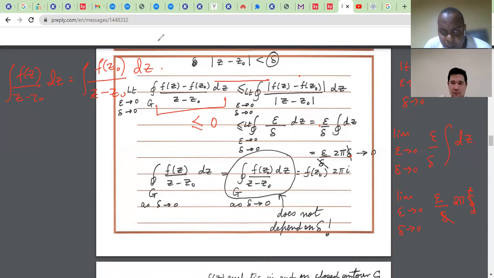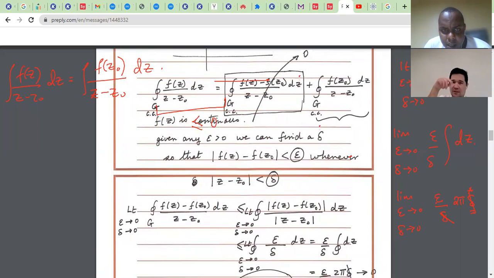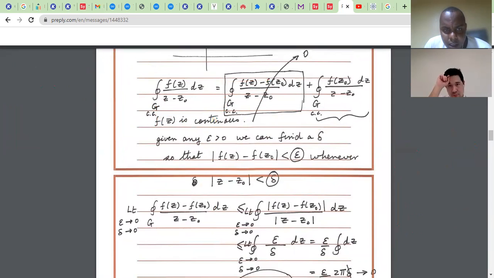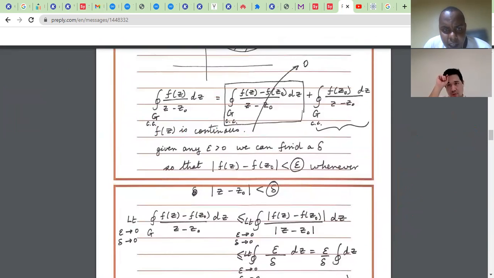But I don't see the connection between all this. Maybe we didn't need to do all this. You see all this work? I don't see why we had to do that. Yeah, there is no conclusion.